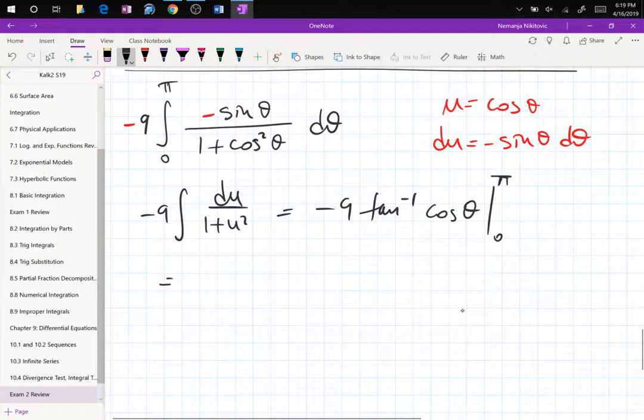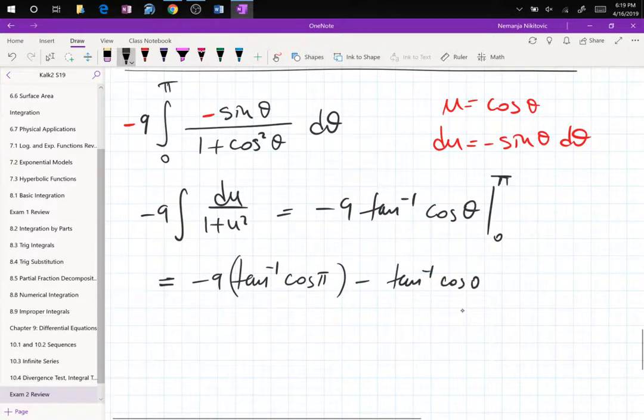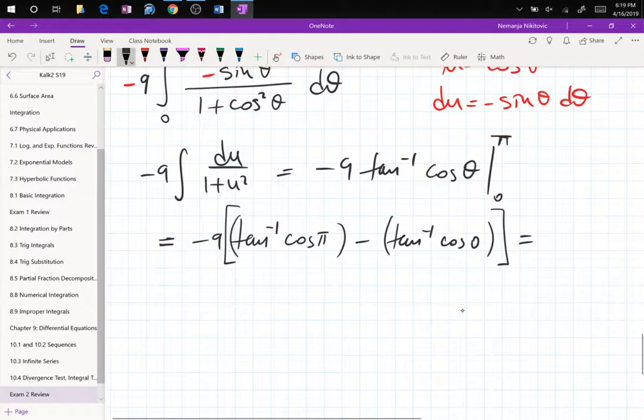No, I print it. So negative 9 inverse tangent, and then we have a cosine of pi minus inverse tangent cosine of 0. Oh, you backtracked, you didn't change the limits.